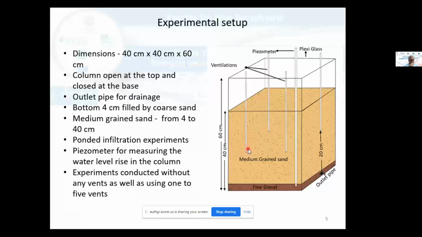We have conducted experiments without vents as well as providing vents of 1 to 5 numbers. Since the experiments were conducted manually, we have repeated experiments multiple times, and as a whole, with and without vents, we have conducted almost 250 experiments.